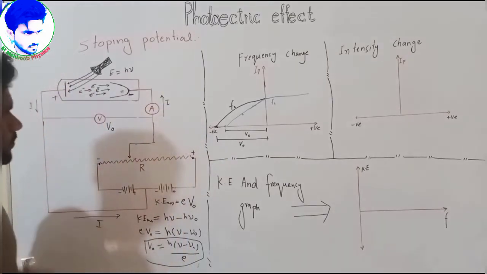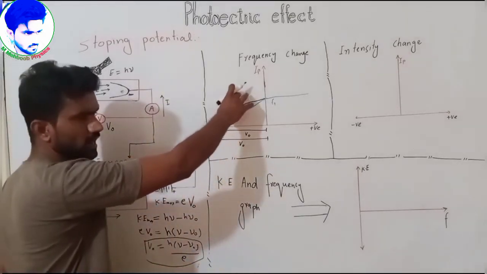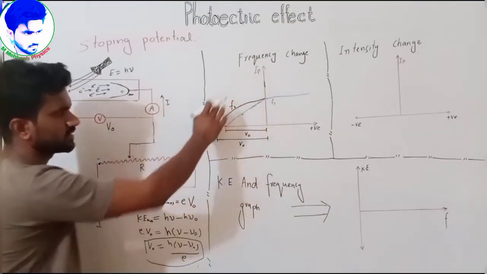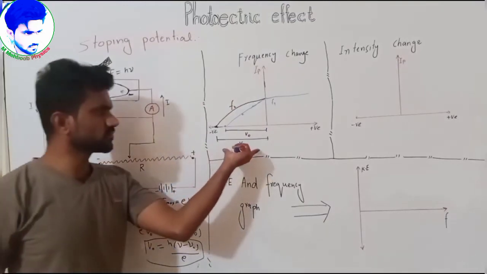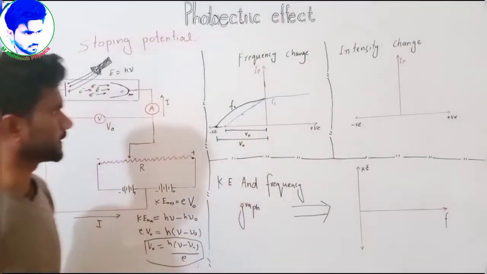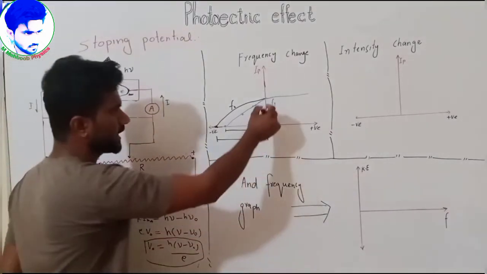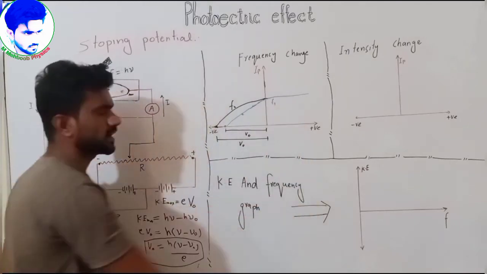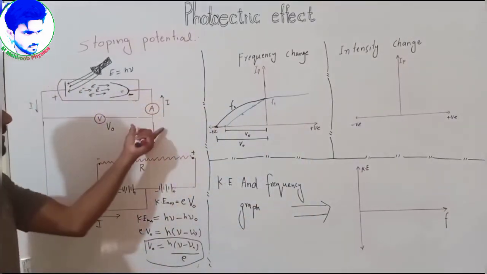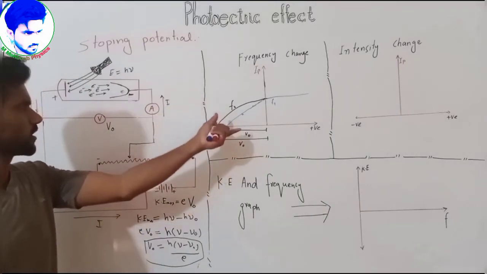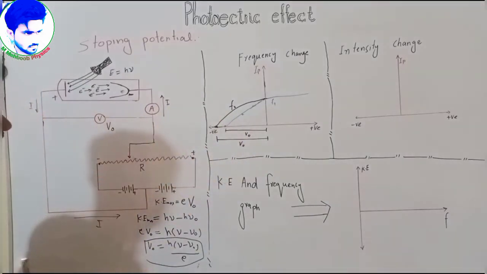And if we apply a light of higher frequency than f1, then this will be the value of the stopping potential, meaning that we require a greater stopping potential here. And the value of the photoelectric current will remain the same in both cases. Photoelectric current will not be affected by increasing or decreasing the frequency of the incident light.